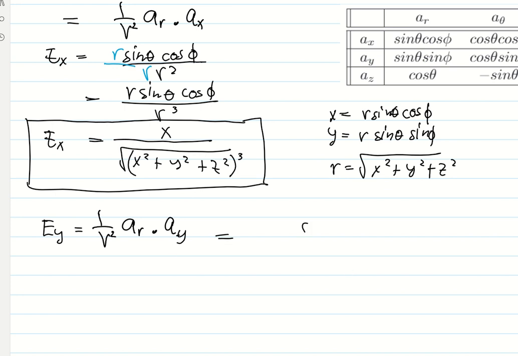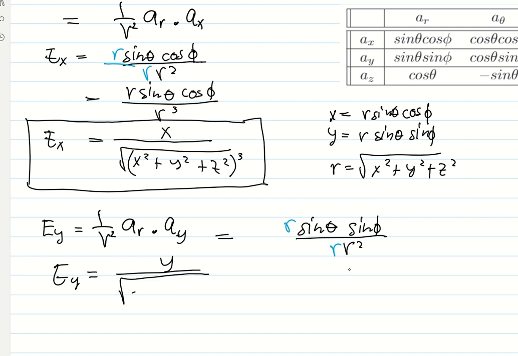So this is sine theta sine phi all over r squared. And we multiply it again with r. So our E_y now, the numerator will be equal to y, that's r sine theta sine phi. So that's y all over r cubed. It's the same as our r cubed in E_x, which is the square root of x squared plus y squared plus z squared, then you cube this one, raised to 3. And that will be our E_y.